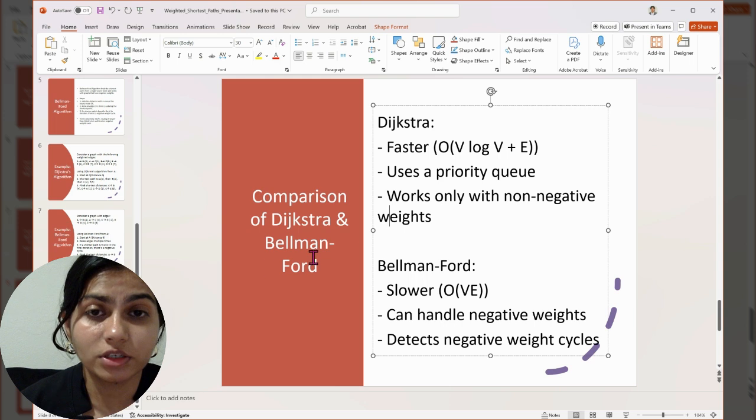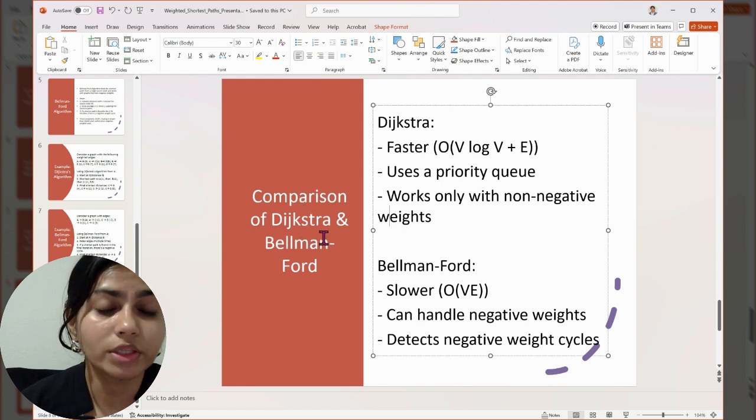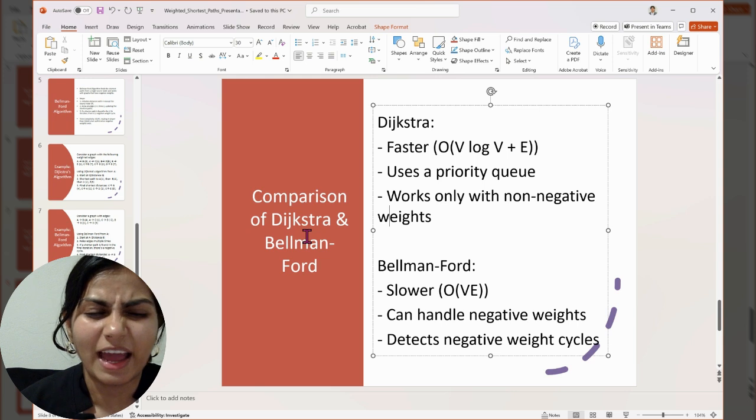It is faster, but when we have to deal with negative numbers, we can't rely on this algorithm. Bellman-Ford is slower, with a time complexity of O(VE), but it can handle negative weights and detects negative weight cycles.